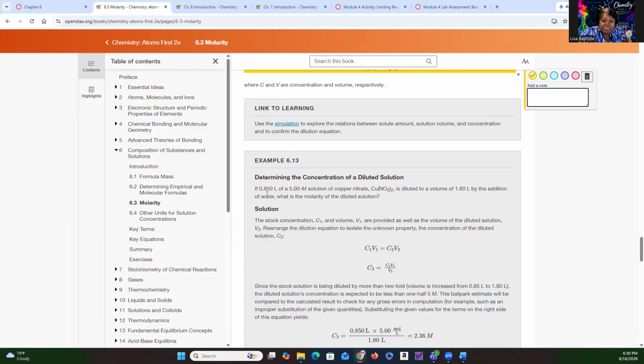The first volume and molarity listed would be your concentration 1, V1 or M1, L1, depending on which equation. The equations are the same, so it doesn't matter. And then this is your second volume. So we're looking for the second concentration. To solve for the second concentration, we want to divide both sides by volume 2, and we end up with this equation.